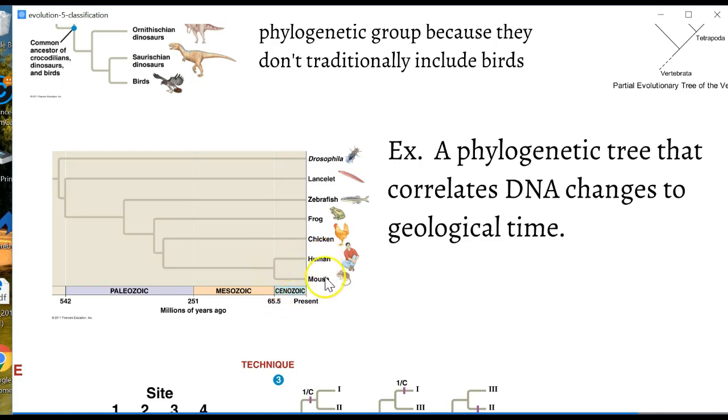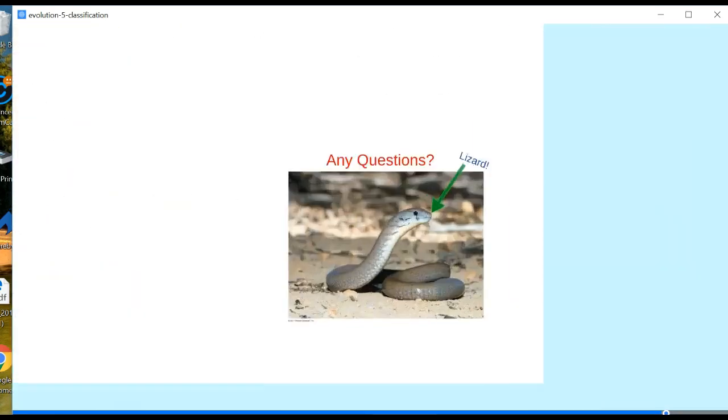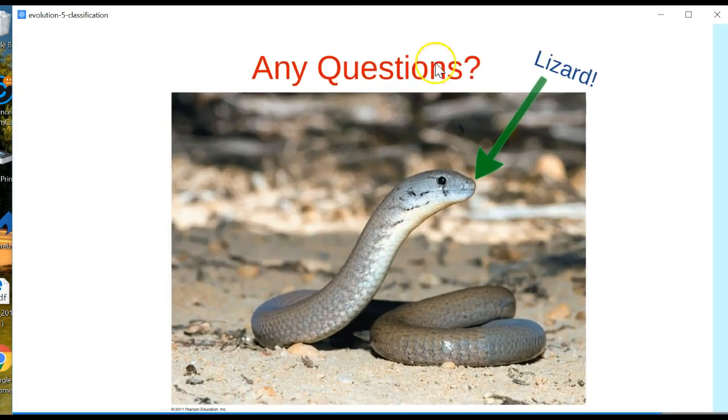So we would say that these 2 organisms are more closely related than, let's say, a chicken and a human, because a chicken and a human haven't shared a common ancestor since more than 251 million years ago. Okay, and so this is an example of a phylogenetic tree that you should be able to read and interpret. All right, any questions? Besides, of course, that this is a lizard and not a snake.